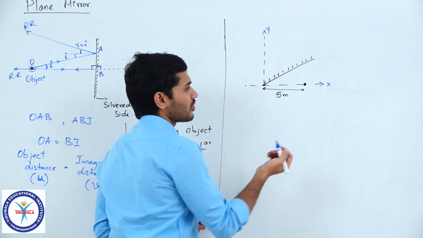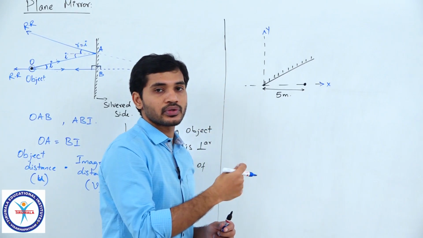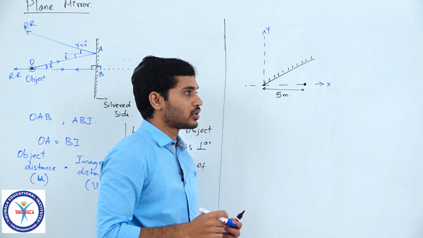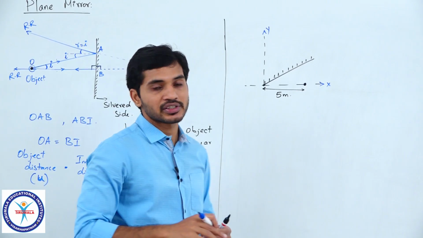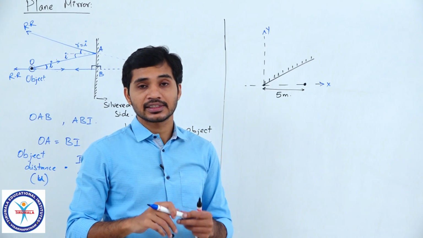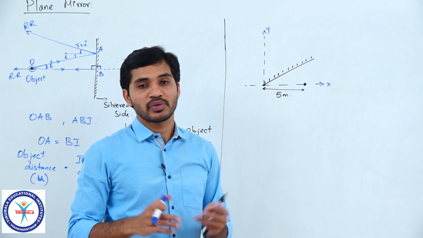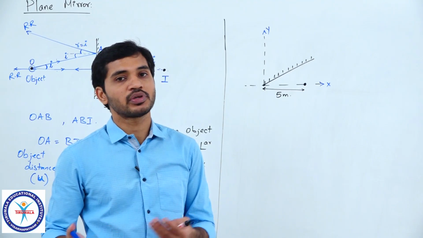One way of doing that is drawing the ray diagram once again, just like the earlier scenario, finding the point of intersection, which would be pretty lengthy in this scenario. So, I will just use the two basic concepts which we have discussed. One is that the perpendicular distance of object and image from the plane of the mirror should be equal.